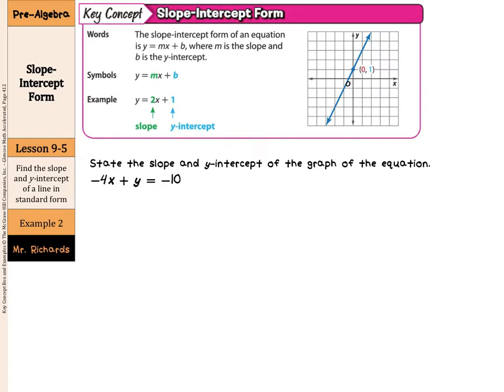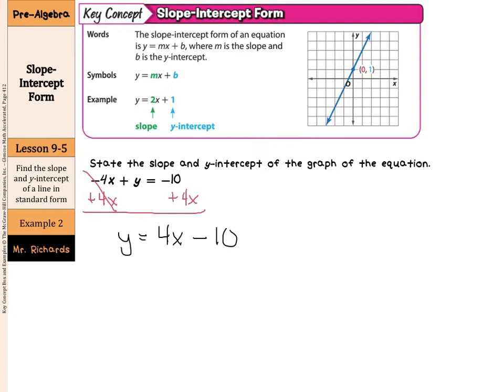In order to do that, we need to move this negative 4x over to the other side of the equation so we can get our y alone. Well, if we add 4x to both sides, this negative 4x plus 4x just becomes 0, so it cancels, and we're left with y equals 4x minus 10.